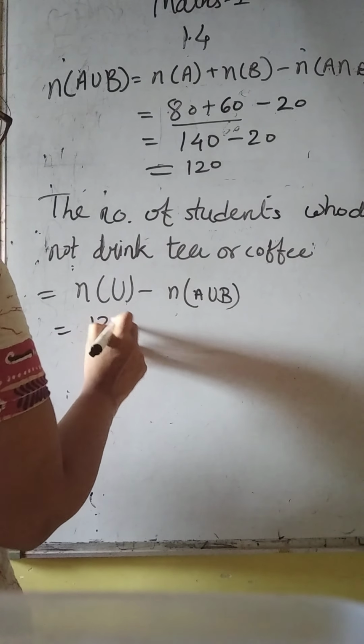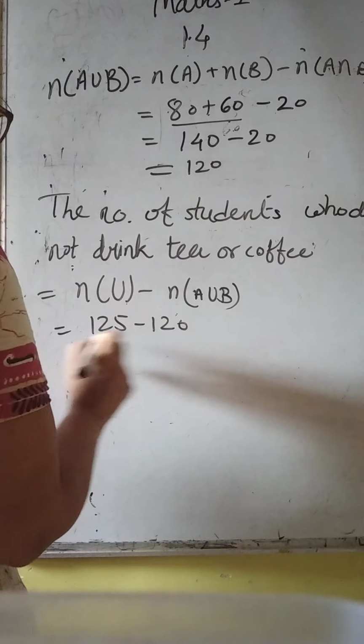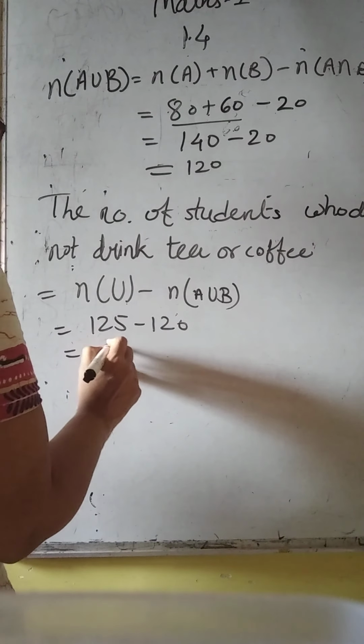So it is 125 minus 120, which is equal to 5.